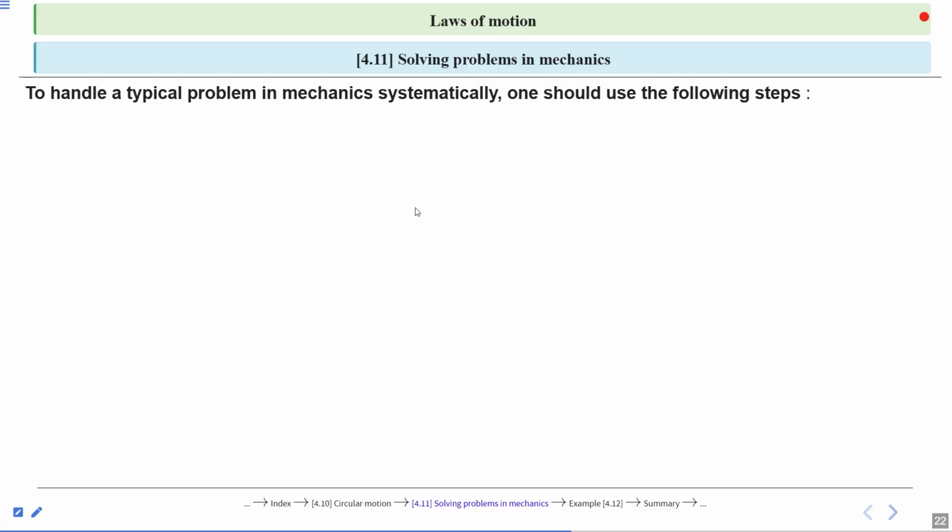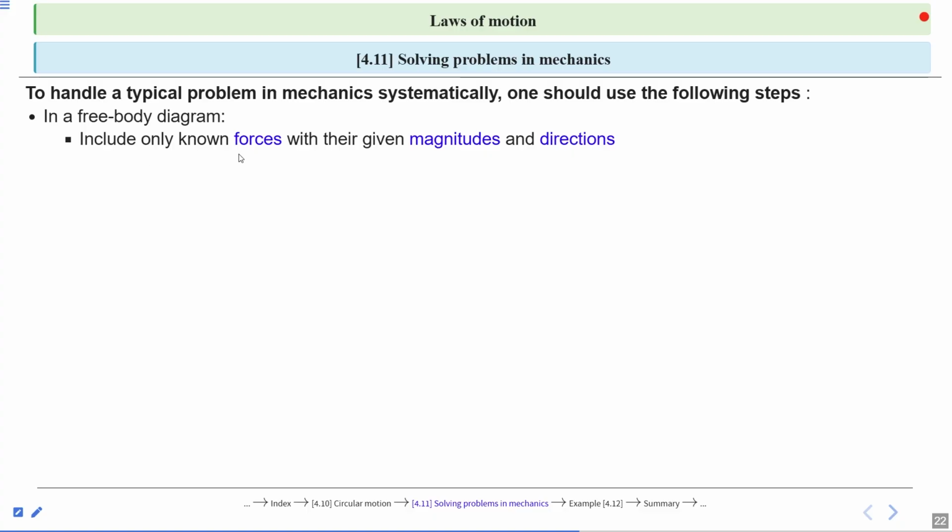So the next step is, in the free body diagram, include only known forces with their given magnitudes and directions. Include known directional forces like tension along the string, or we can say frictional forces, that is we already learned, f sin theta and f cos theta.